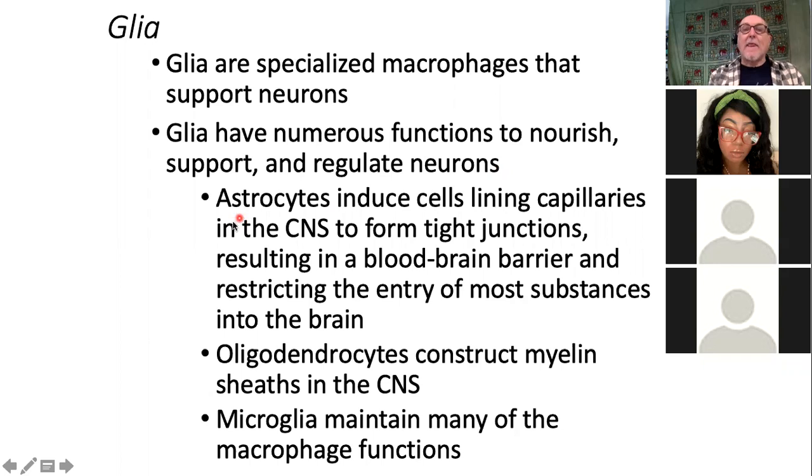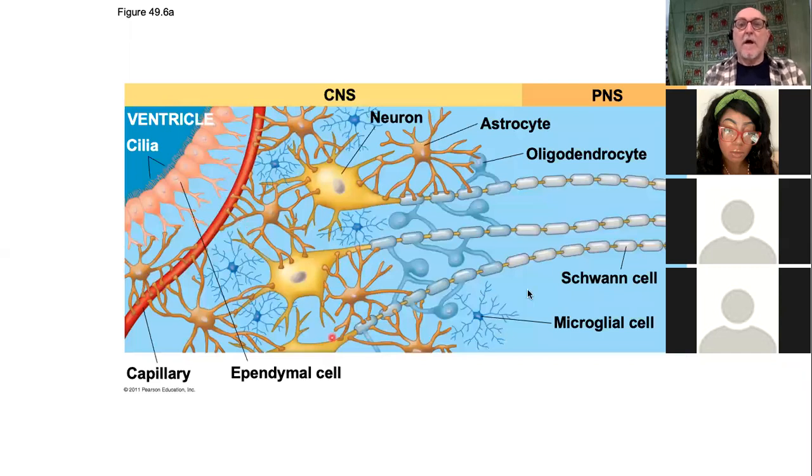There are others. The first are called the astrocytes. Actually, I think, let me go here. Okay, these are the astrocytes here. Astrocytes, they're shaped like a star. And the astrocytes have many different functions. One of the really important functions of the astrocytes is they become associated with all of the blood vessels in the central nervous system.